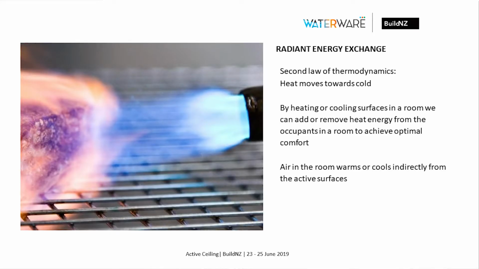And we can do the same in cooling mode as well. So if we manipulate the surface temperature of either the ceiling or the floor, then we can change the temperature in the room. When we're doing this with radiant heating, we're manipulating the surface temperature directly, and then the air in the room gets heated or cooled indirectly.